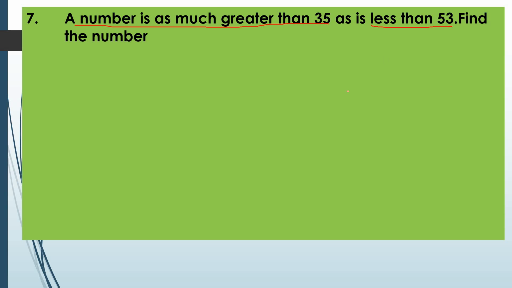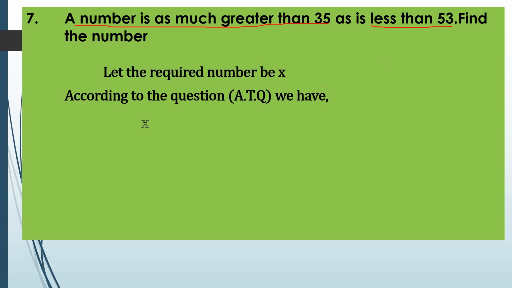So let us assume the number to be x. According to the question, we have x is greater than 35, so x minus 35. This will be the difference between the number and 35. So this difference is equal to 53 minus x, the difference between 53 and x.